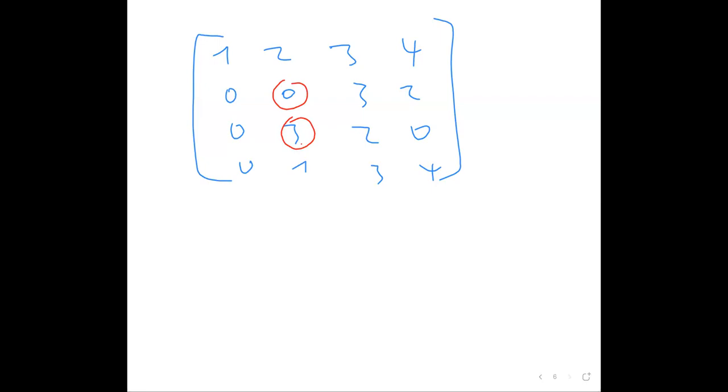So in such a situation, when you have a 0 on the diagonal, for the elimination we say row 3 minus a scalar of row 2.